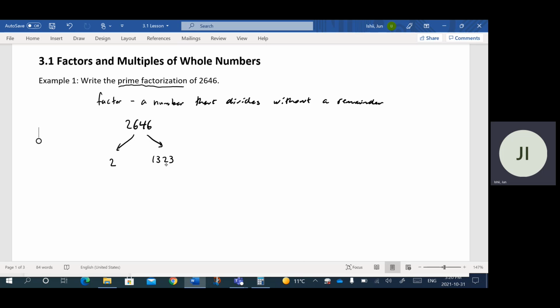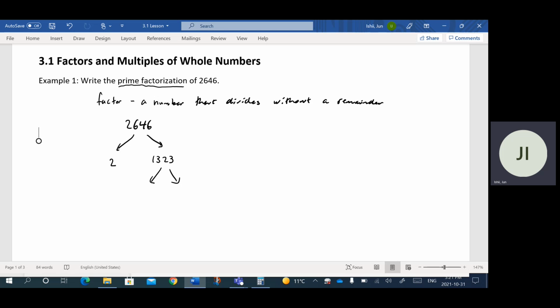However, the 1,323, I'm going to try to break it down even further. Let's see here. The next thing you want to do is check if you can divide by 3.